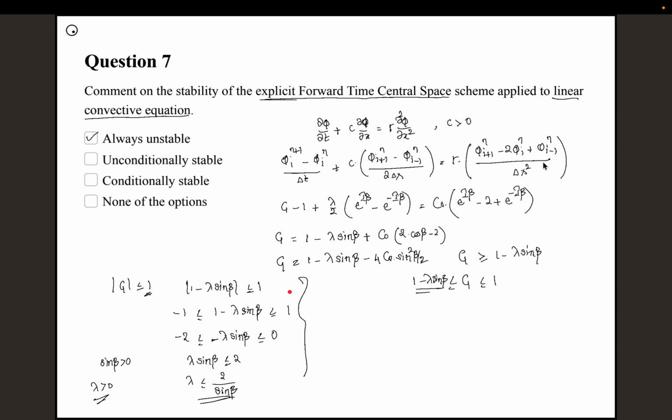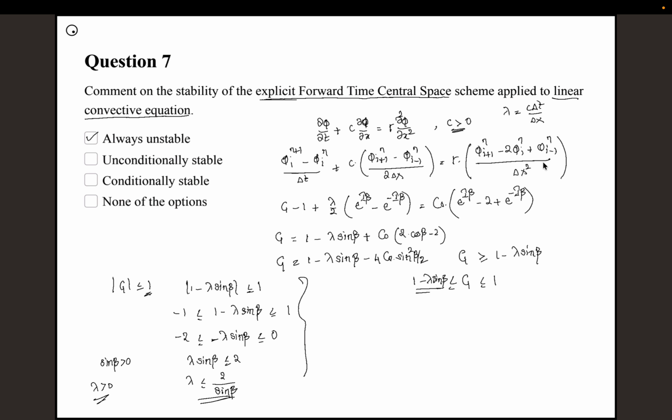If this quantity has to be less than or equal to 1, there are certain values of beta for which this criteria is not getting satisfied. So when beta is, say, greater than pi, this value turns out to be negative. So lambda has to be negative. But by our definition, if c is positive, lambda is basically c delta t by delta x, which can never become negative. So this particular criteria will not be satisfied.